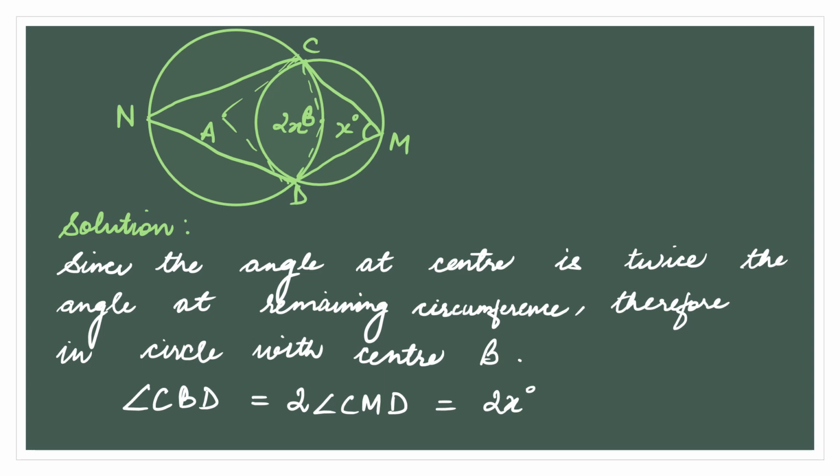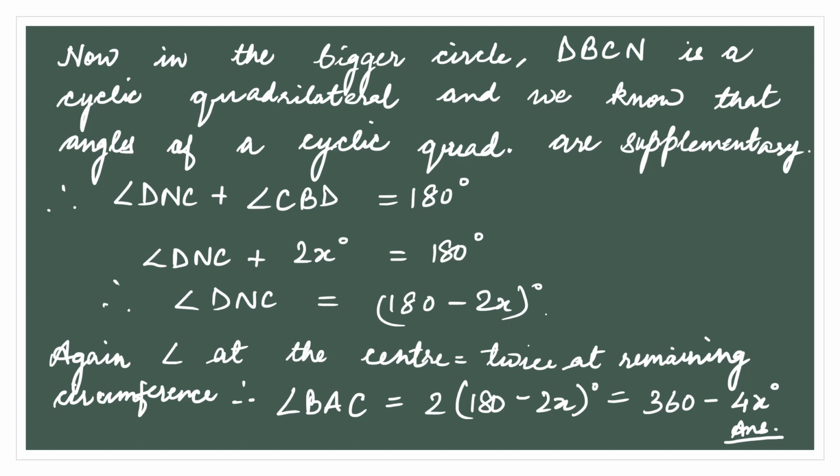We can see that angle at the center. Now in the bigger circle, DBCN is a cyclic quadrilateral, and we know that angles of a cyclic quadrilateral are supplementary. Therefore, angle DNC plus angle CBD is equal to 180 degrees, and angle DNC plus 2x degrees will be equal to 180 degrees, so angle DNC is equal to 180 minus 2x degrees.